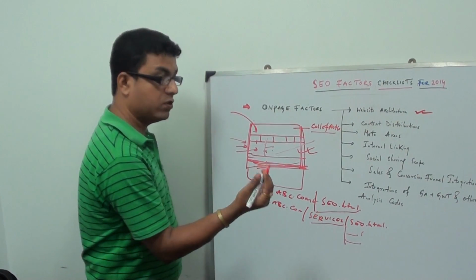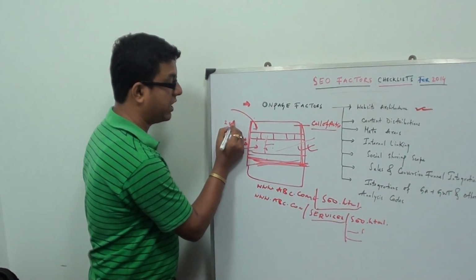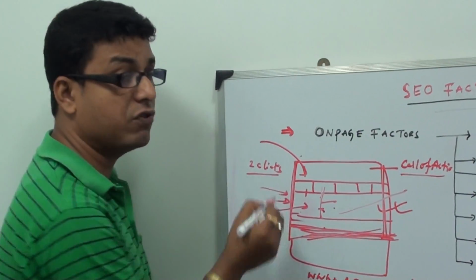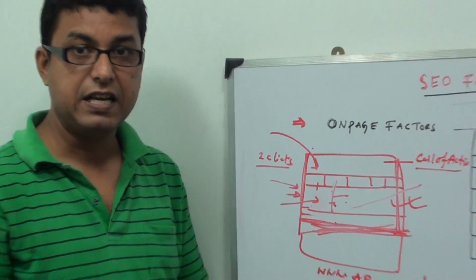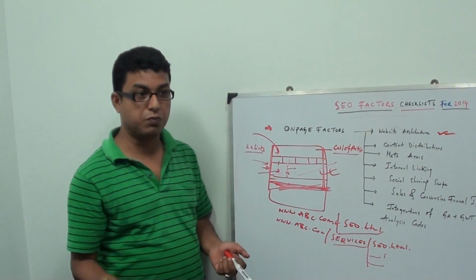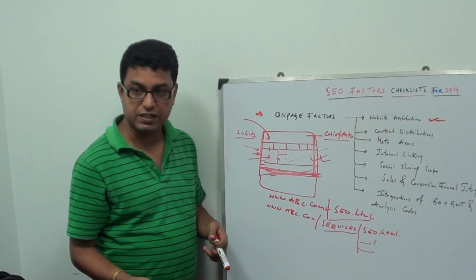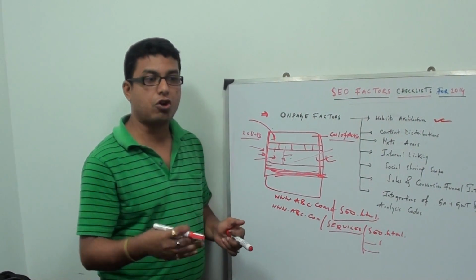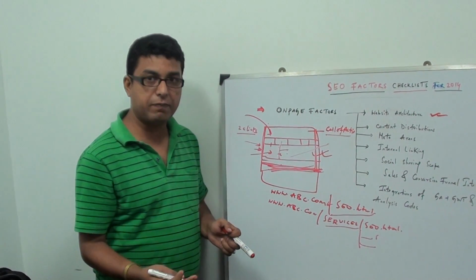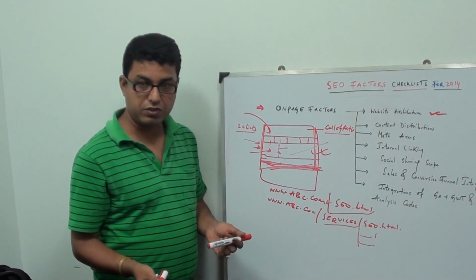And you also know there is the 2 clicks factor. You might have 50,000 products or 100 types of services, but if it is not crawlable, if it is not visible to your users, it is useless for your case.